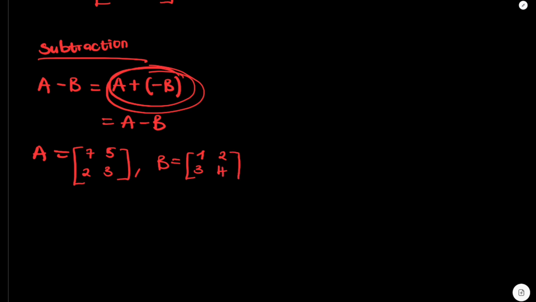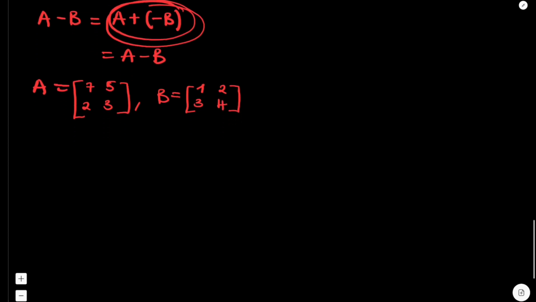Okay, remember the first thing you need to do when adding or subtracting, you need to find the order of the matrix to know whether it can be added or subtracted. So let us find the order of the matrix A. Just by looking at it, you can see that it is a 2 by 2 matrix.